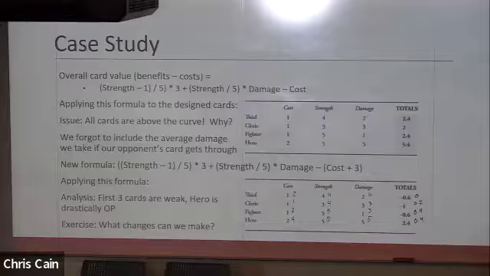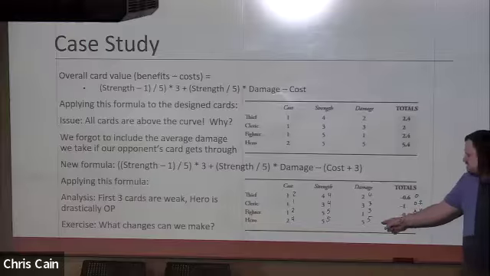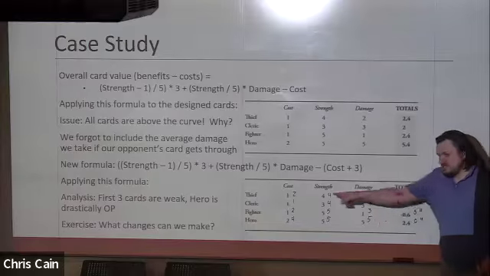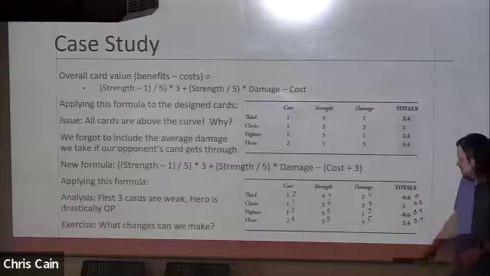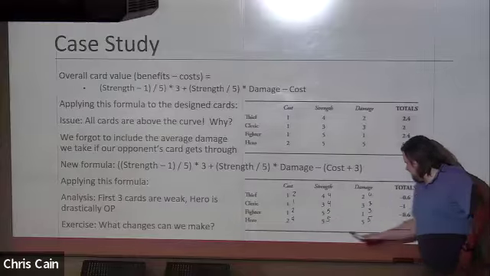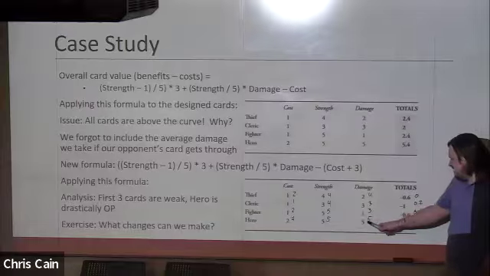Hero would stick around against fighter, but damage minus cost is 1, in the same way that this damage minus cost is 1. So a deck playing hero versus a deck playing fighter, one person takes 4 plus 3, and another person takes 5 plus 2.